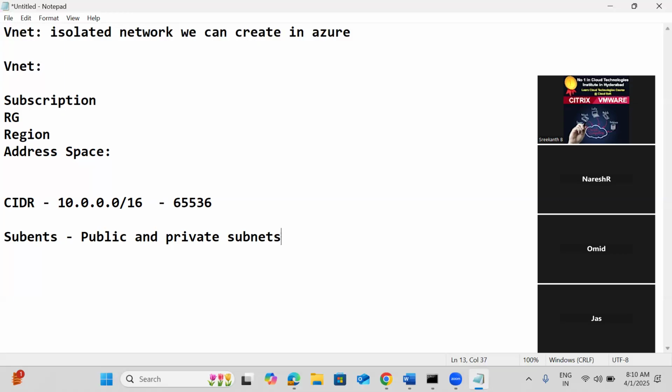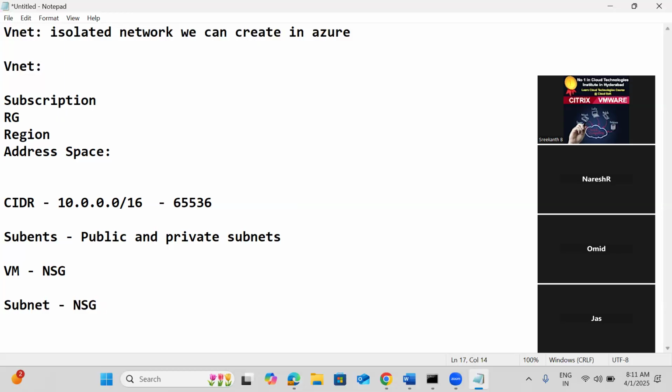And all these days, when we create the subnets, we got the VMs. At the VM level, we have the firewall rules. At the NSG level, we have them, but we can attach them at the subnet level also. So we have a network security group.